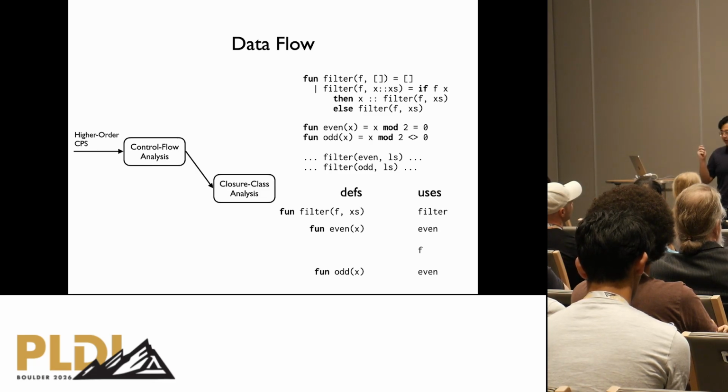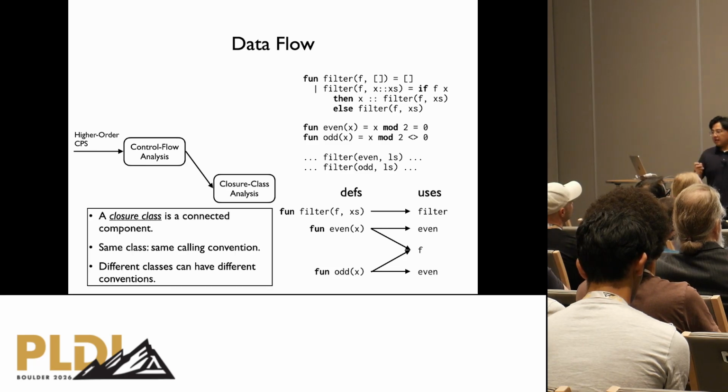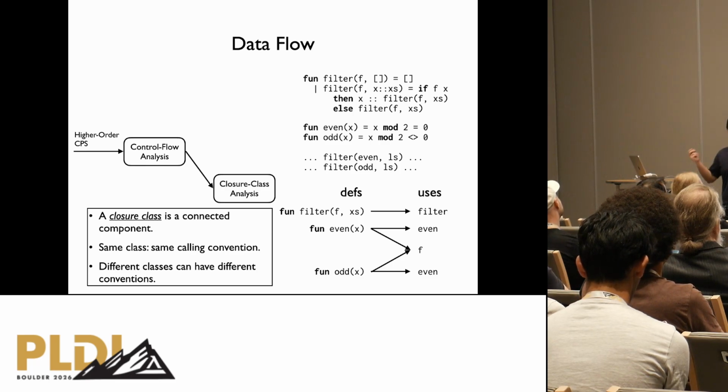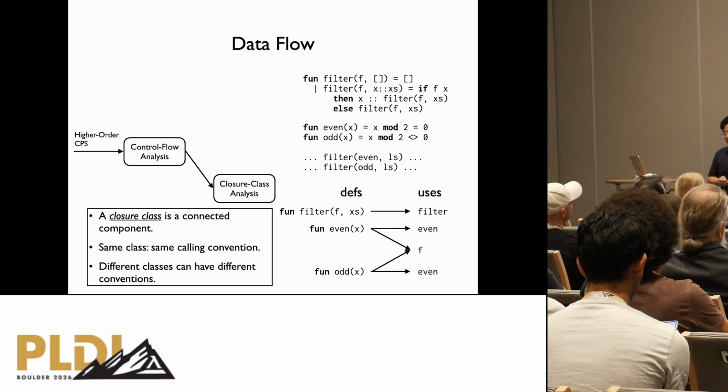We draw an arrow if a function could flow to a variable. Each connected component in this bipartite graph is a closure class, and closure calling conventions need to be made consistent only within the class, but different classes can use different calling conventions. That gives us really granular yet sound control over the amount of spreading that we're allowed to do.